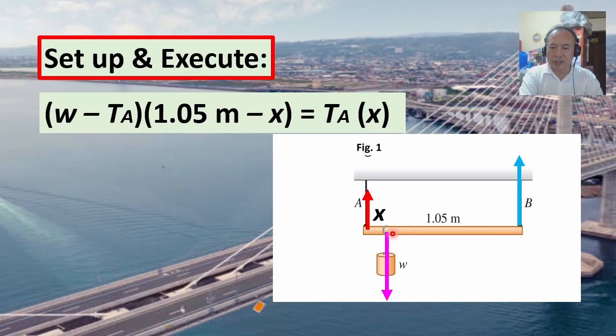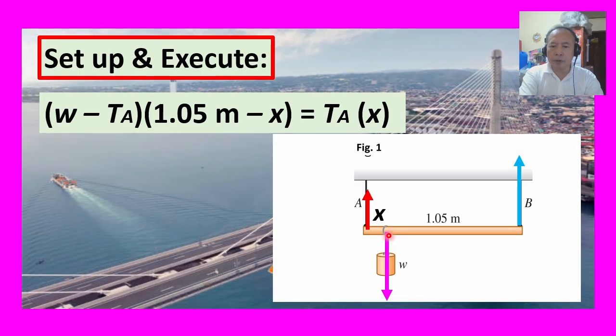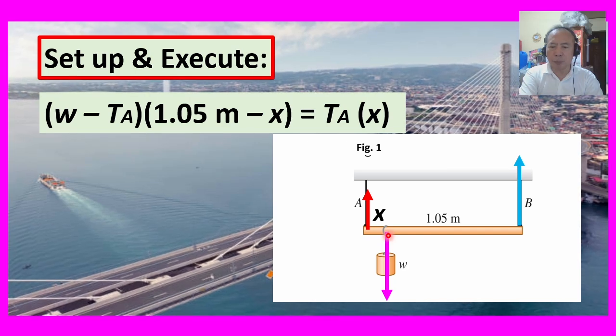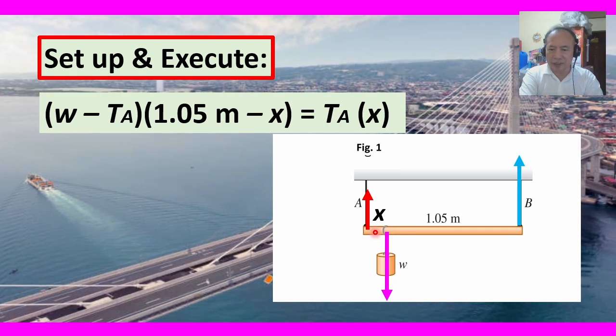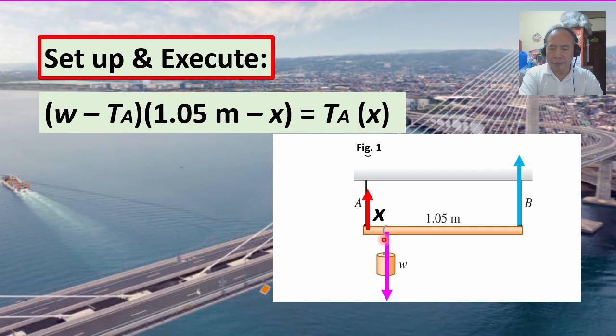And since our axis of rotation is the point where the weight W is suspended, a distance x from wire A.